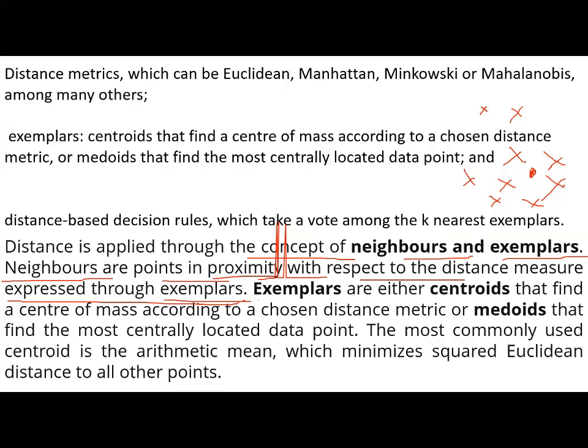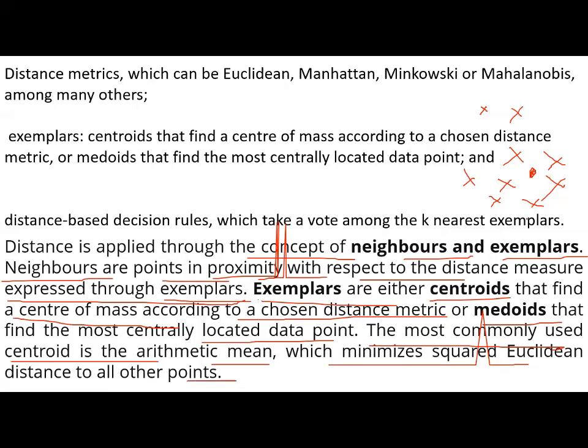From these, you can derive what are called neighbors. Exemplars are either centroids that find a center of mass according to a chosen distance metric, or medoids that find the most centrally located data point. The most commonly used centroid is the arithmetic mean, which minimizes the squared Euclidean distance to all other points.